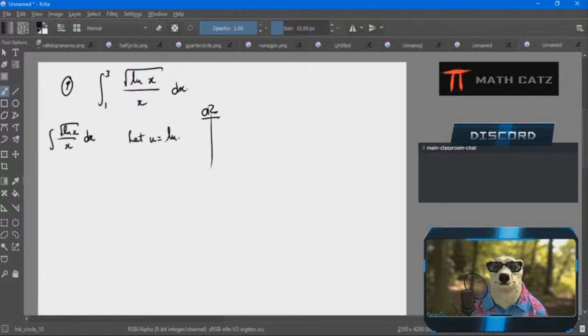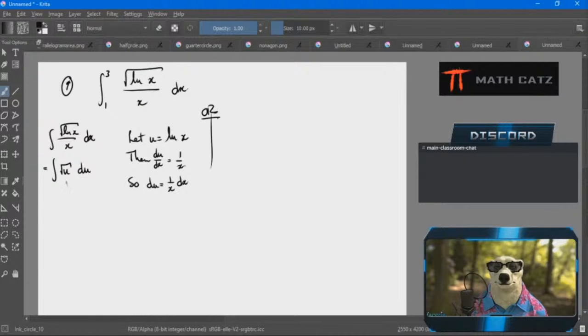Let u be natural log of x. Then my derivative is obviously 1 over x, which I perfectly see. This third part, separating the differentials, just verify what I need to see, and then I'm ready to do it as root u du.